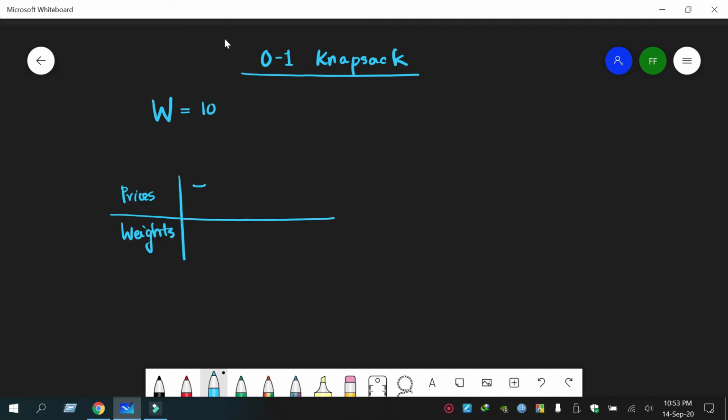Let's say the price is 7 and the weight is 3. The price is 10, the weight is 5, the price is 10, the weight is 5 again, and the price is 13 and the weight is, let's say, 7. Let's say these are the items that you have in the shop.